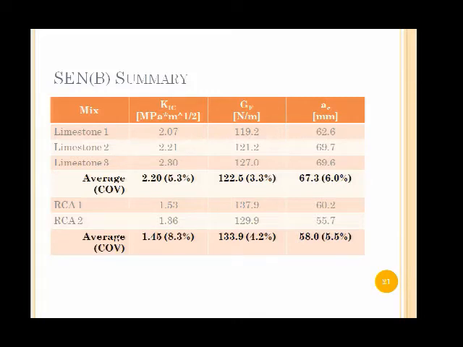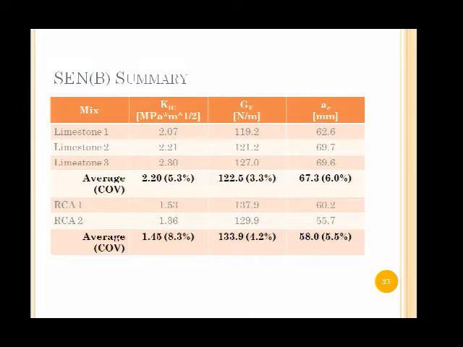Or steel can go anywhere from 50 to 100. And essentially, the higher the K1 value, the more energy or more work it takes to initiate a crack. So it means that the material is more ductile. So the lower this value, essentially it's saying that the material behaves, at least in terms of the initial crack, more brittle.